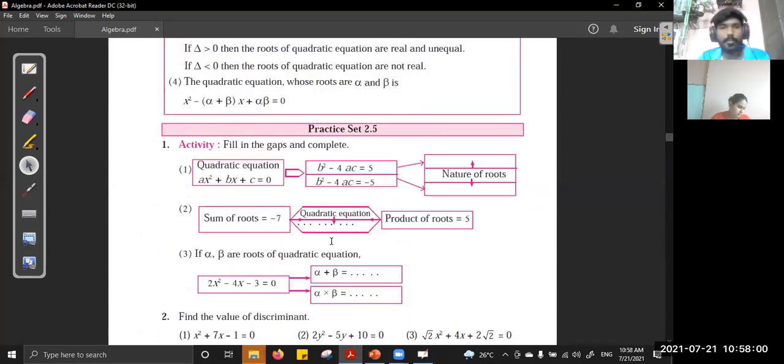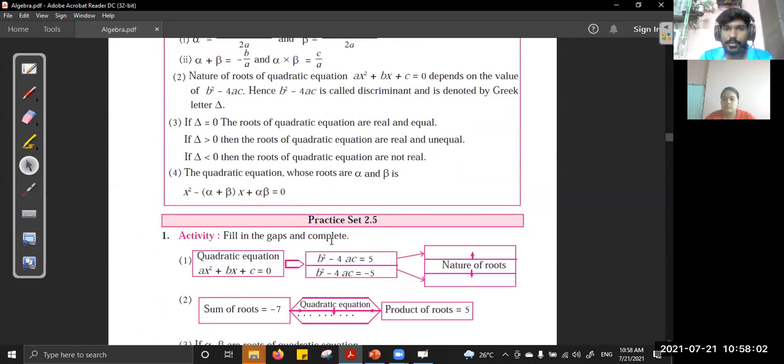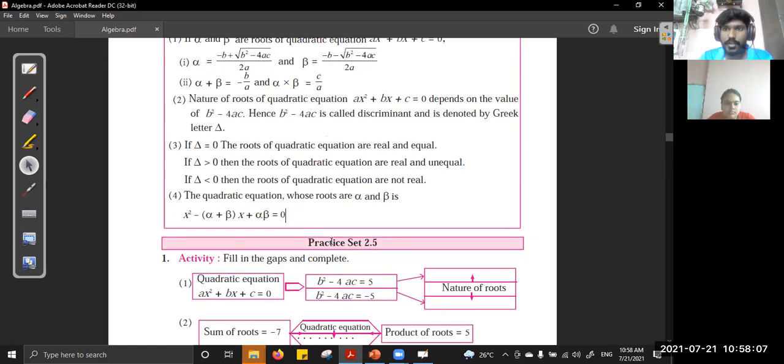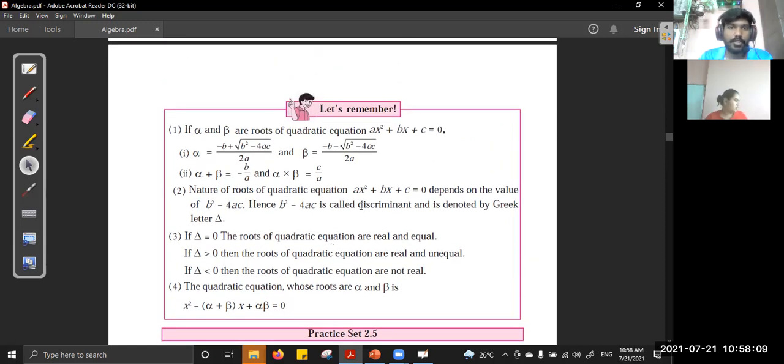Okay, I think we'll stop here. Exercise 2.5 we will start in the afternoon.